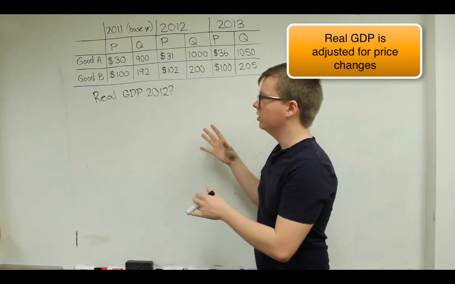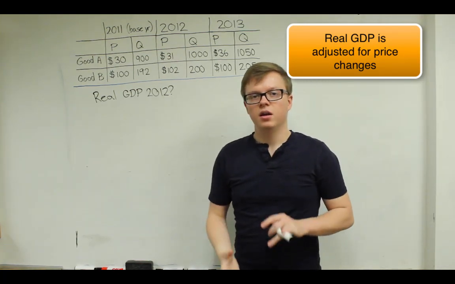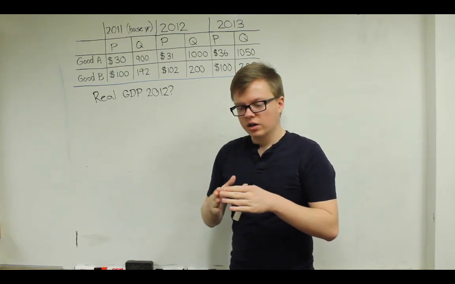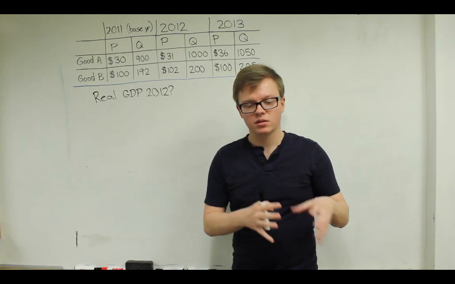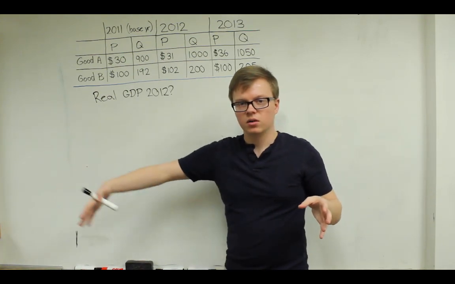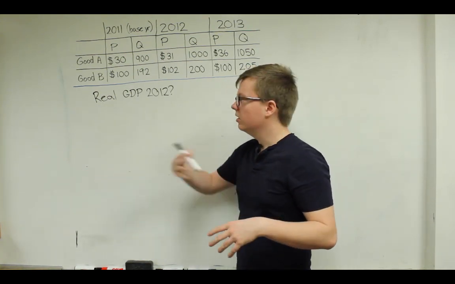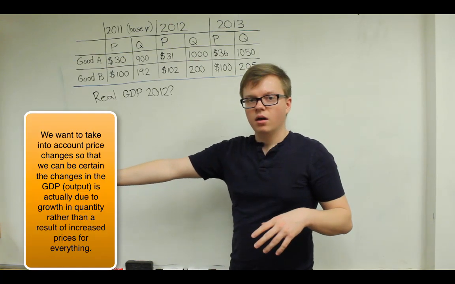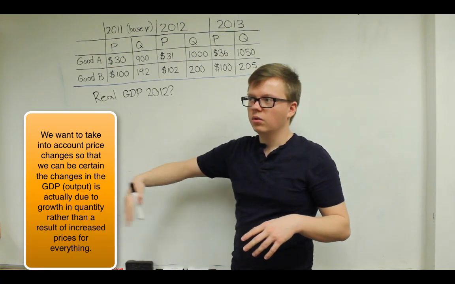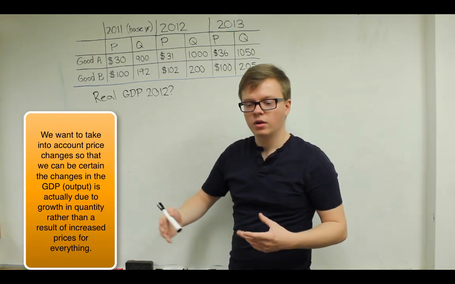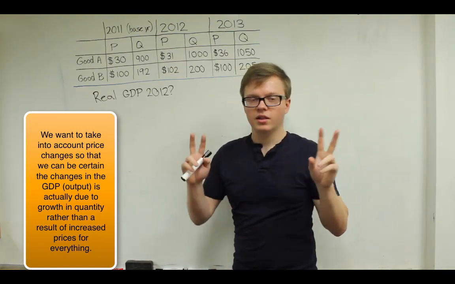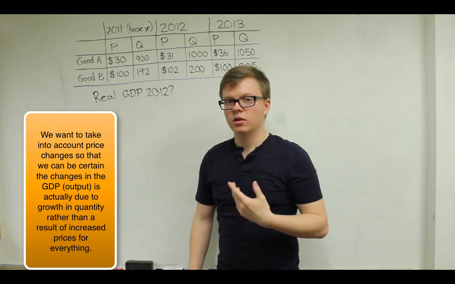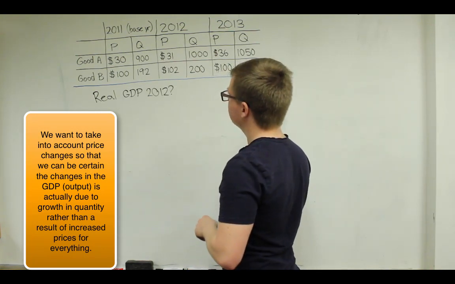To calculate real GDP, you need to pick a base year. All that means is you're going to use the prices from that base year and fix those prices across all years. Then when you're calculating GDP, it will only be a measure of quantity, how much your quantity produced has grown. And that's a more real measure of the economy's output.